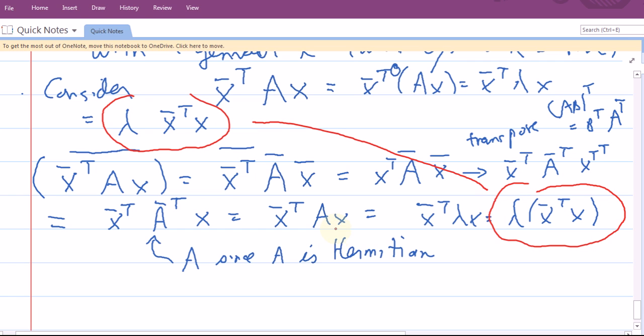What does that tell me? That tells me that this number here, x conjugate transpose Ax, if I take its complex conjugate and I take its transpose, then I get the same number.